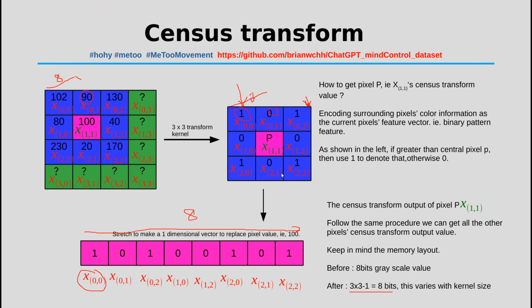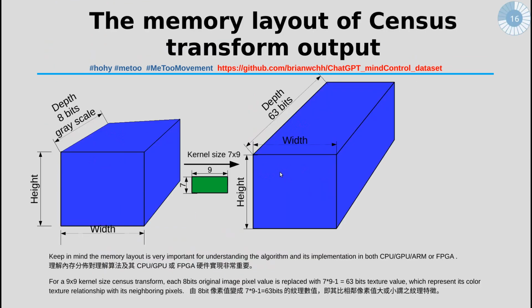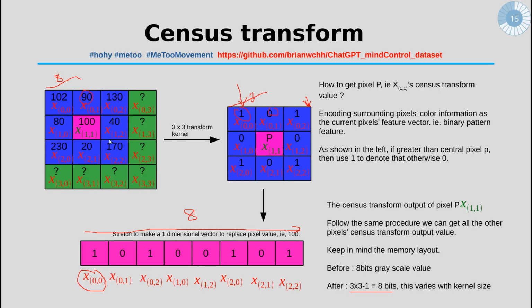Now let's make a general one. This one, the memory layout of a census transform. In this project, I use kernel size 7x9 because you don't want to just compare to its direct neighbors. How do I make this feature more unique, more special, standing out from the others?